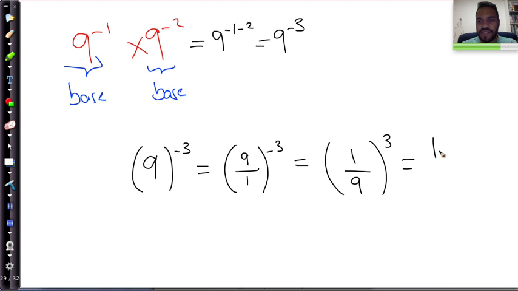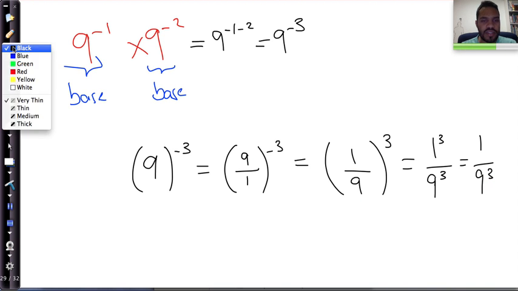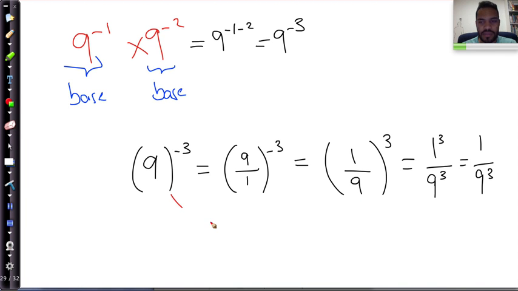And remember that simplifies to 1 to the power of 3 over 9 to the power of 3, and this is just simply 1 over 9 to the 3. Okay, with some practice, you'll be able to go right from there all the way to that over there. Okay, that's the one. Let's look at the next one.